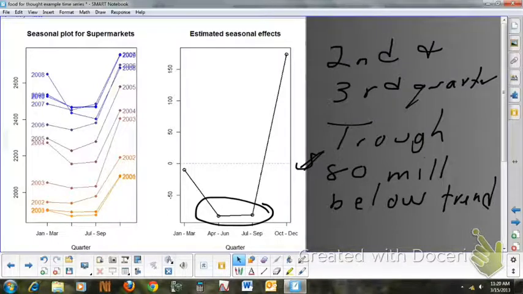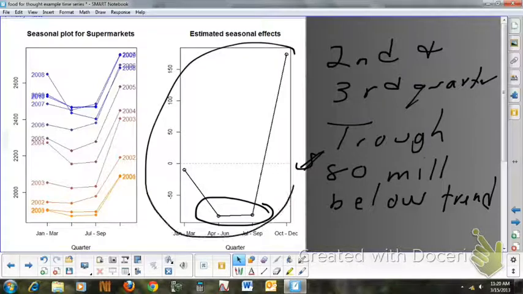All right, so that's how you talk about what's going on in this particular model. And you can talk about the fact that in the first quarter, it's very much on the trend, like about what you would expect on average.